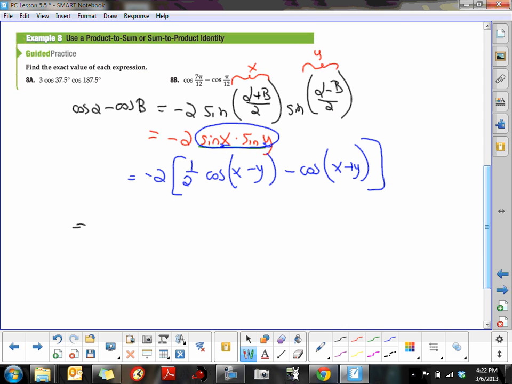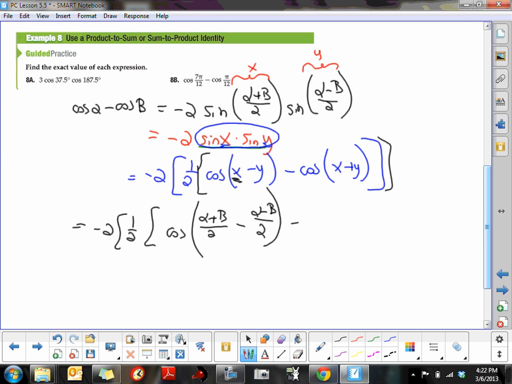So sliding it over a little bit, negative 2 times a half, and we have to take that times the whole thing here, so half times the cosine of. Now we're going to do the replacement back with what x was. x was alpha plus beta divided by 2. And we're going to subtract what y was, which was alpha minus beta divided by 2.